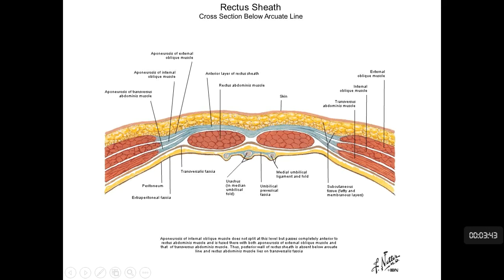In the inferior 1/3 of the rectus in the posterior, we have only fascia transversalis, extraperitoneal connective tissue and parietal peritoneum.